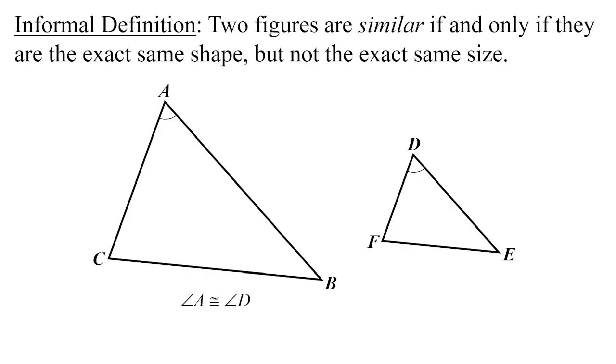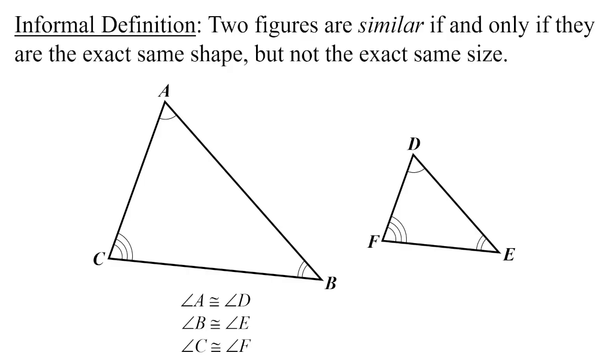So angle A is congruent to angle D. Angle B is congruent to angle E. And angle C is congruent to angle F. So the corresponding angles are congruent. But obviously, not the corresponding sides. They're not congruent. But they do have a relationship with each other.